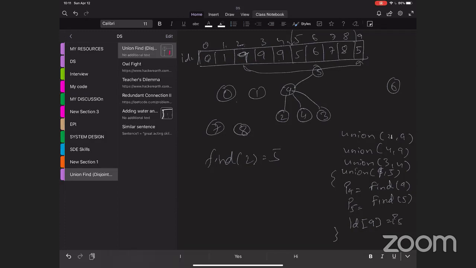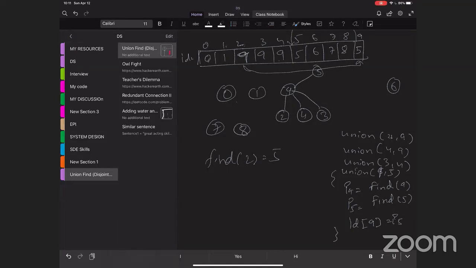You compare the index, since the ID is always the index of the array. So if you say union 9 and 5, we should make 5 a child of 9? We will make it union of 5 and 9.